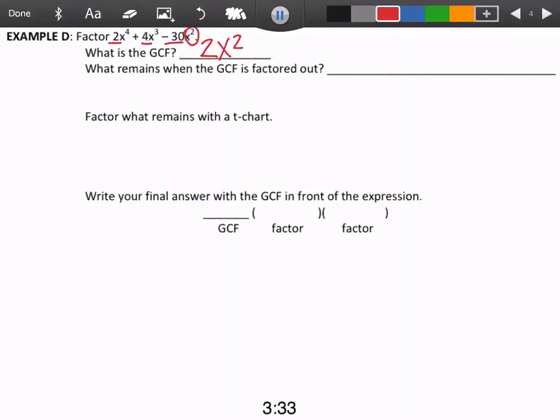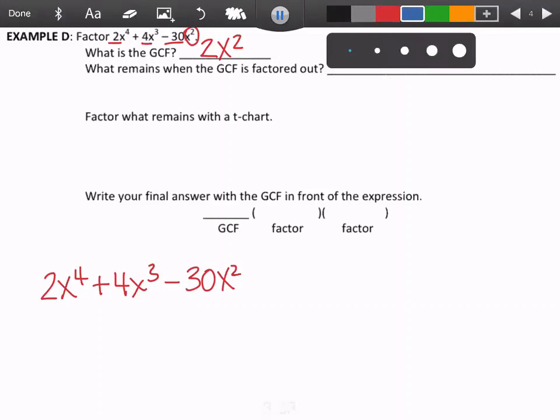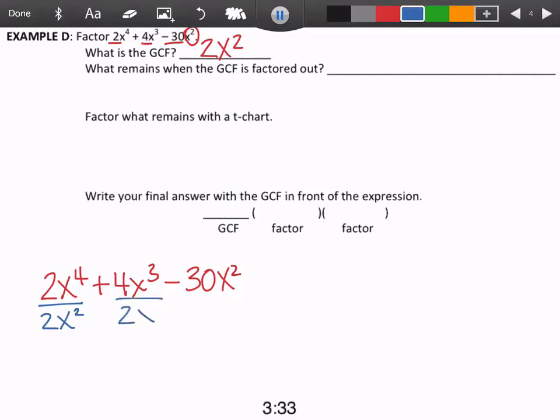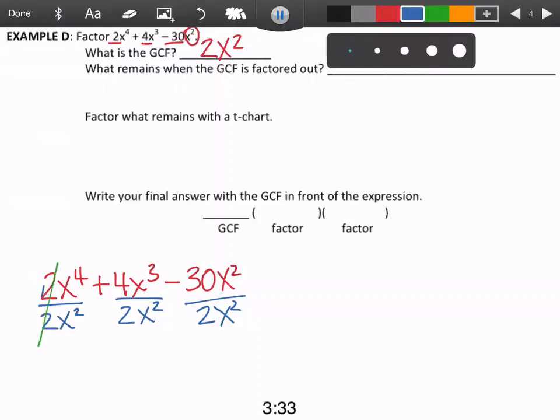So what remains when the GCF is factored out? We're going to take 2x to the fourth plus 4x cubed minus 30x squared, and we're going to divide out our 2x squared, our greatest common factor. So dividing here, the 2's will cancel, and then we subtract the exponents.